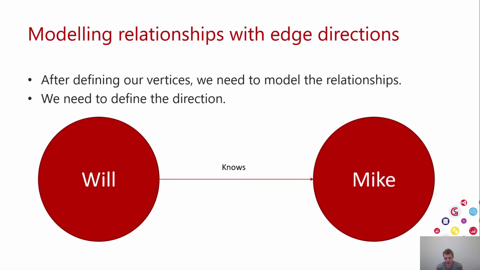In this example, I've got 2 people nodes, one for me and one for my friend Mike. Here we're showing the direction of their relationship, so Will knows Mike. I am the source node and my friend Mike is the target node, and we're defining a direction from my source node to Mike as a target node.